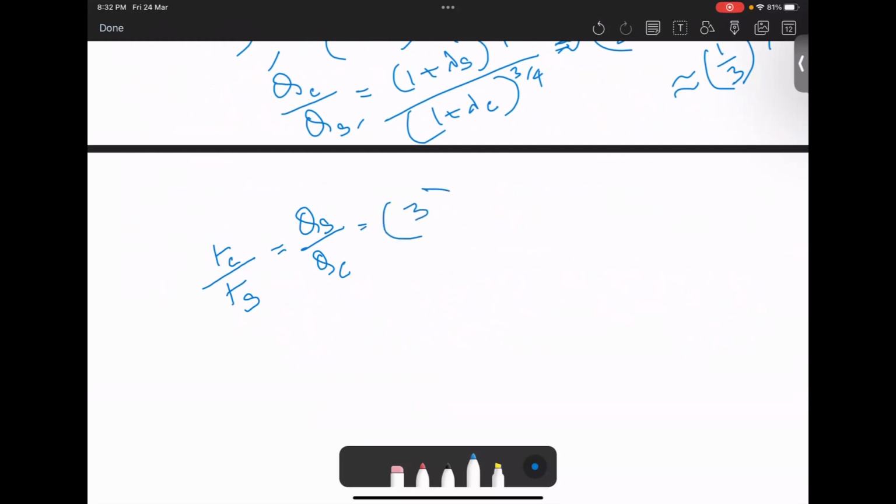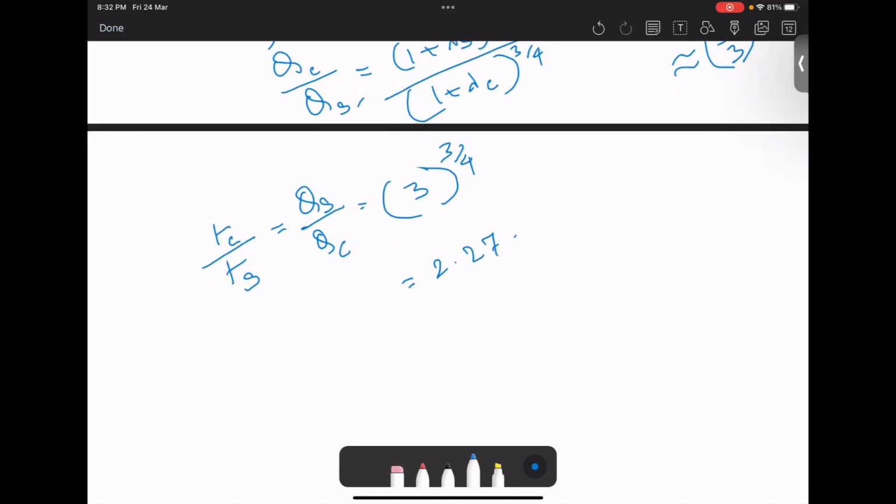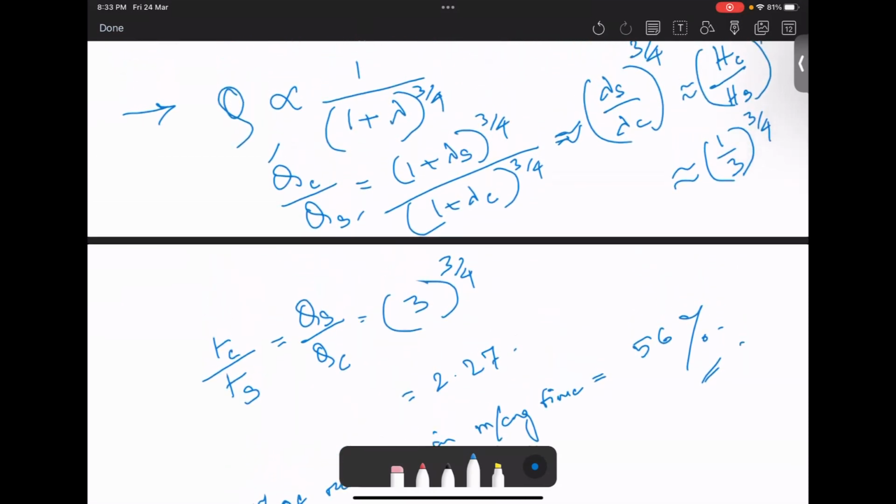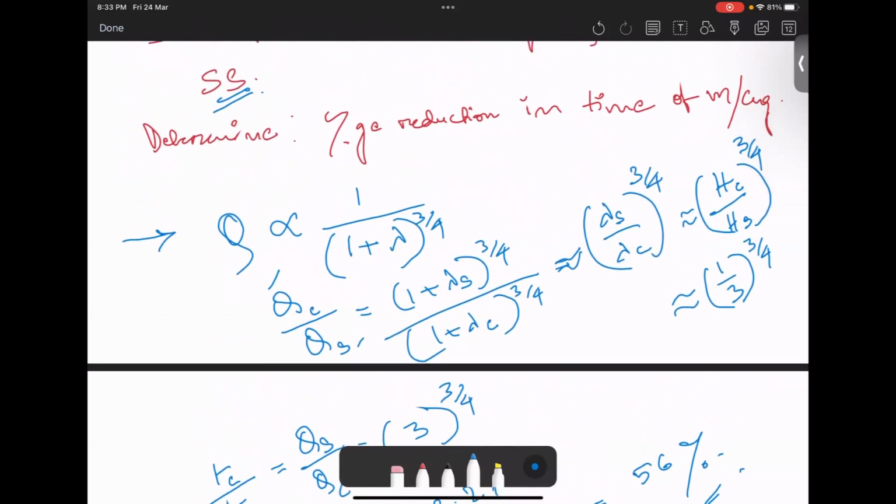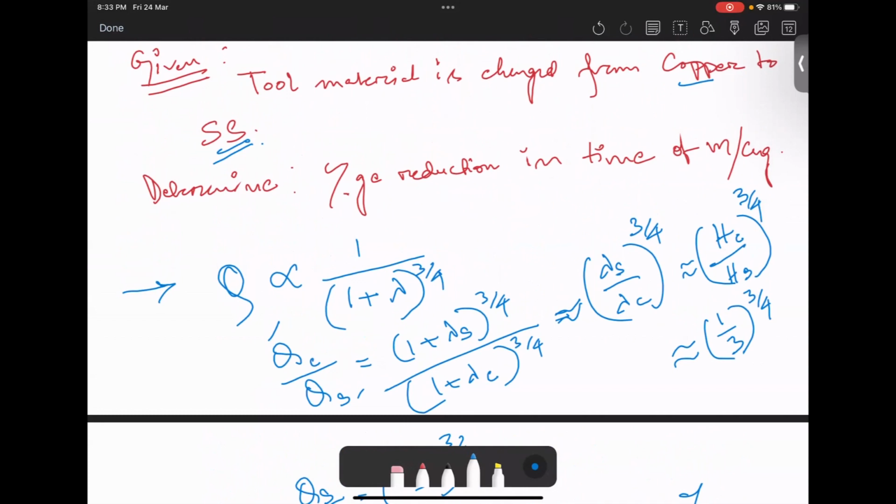And you can find it is 3 to the power 3/4, that becomes almost equal to 2.27. Okay? Or you can say that the percentage reduction in machining time then becomes 56%. So I hope this is clear. You can ask me if you have any doubts.